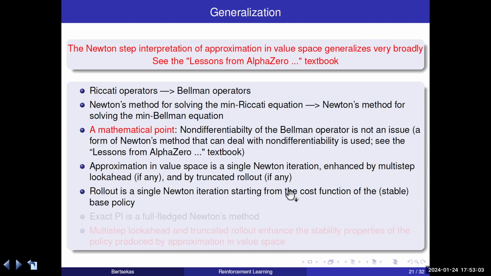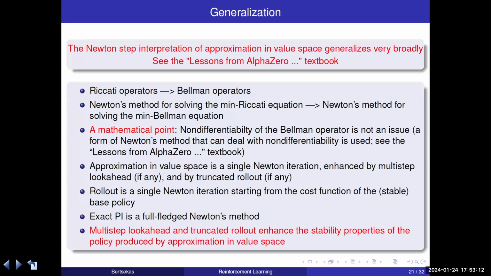The rollout itself is a single Newton iteration, provided the cost evaluation is exact. Exact policy iteration is a full-fledged Newton's method.